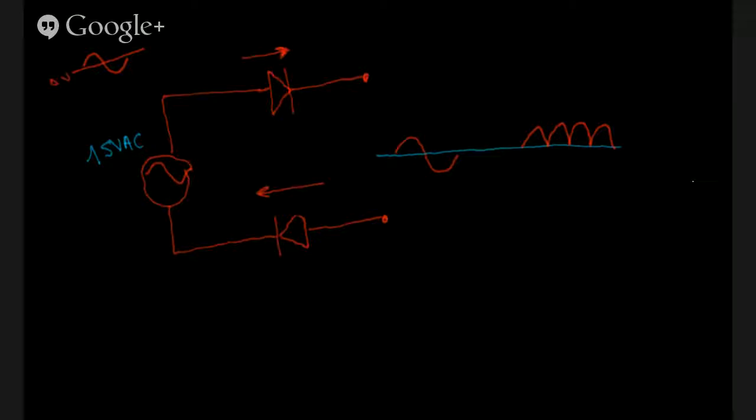Yeah, we might only get a half of a cycle. So we're going to actually need a full 4 diodes. Because in this case, we're only going to get the positive cycles. All right, so to get all of them, we're going to need 4 diodes. And it's going to look like this.